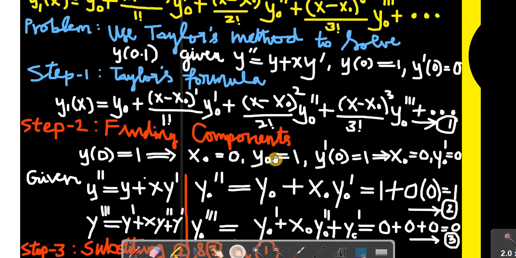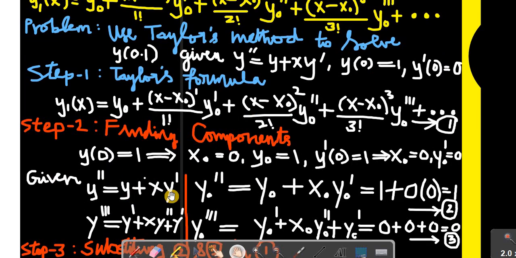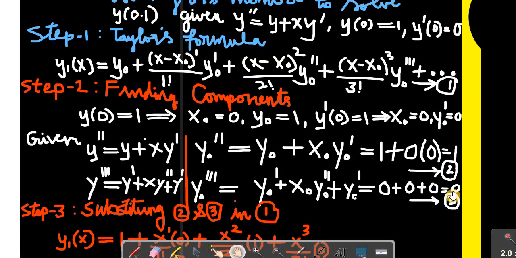Then here we need the second derivative at x0. For that we take the given equation. From the given equation we can get the second derivative value at x0, that we can substitute here. To get the third derivative, you differentiate the given ordinary differential equation one more time, and you will get the third derivative at x0. That's what we have here, the value is 0.